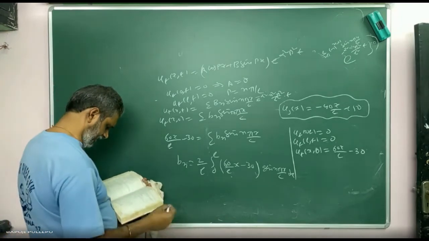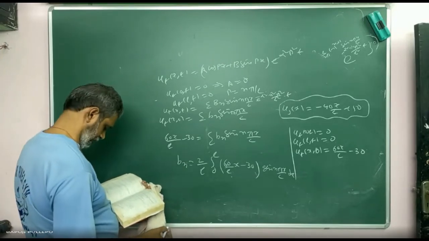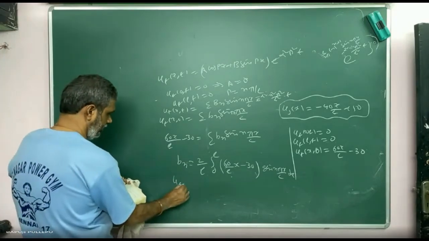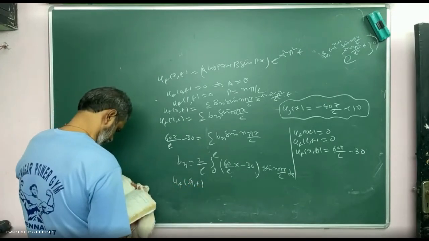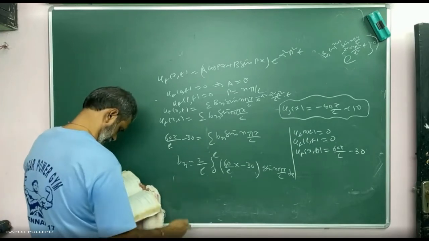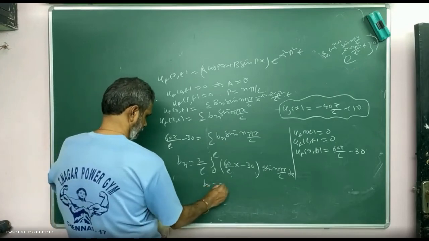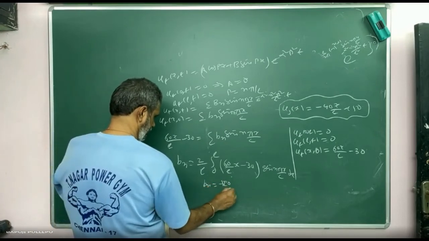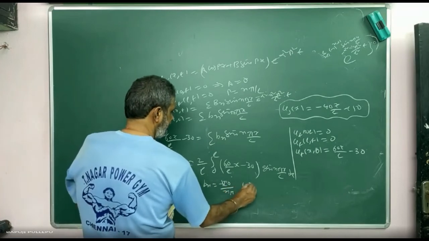Yes. That is valid for even n only actually. A lot of problems are very hard to do. You can try. If you don't get it, I will try. Ut of x comma t, bn is equal to what? I will tell you the bn formula. Minus 120 by n pi if n is even.